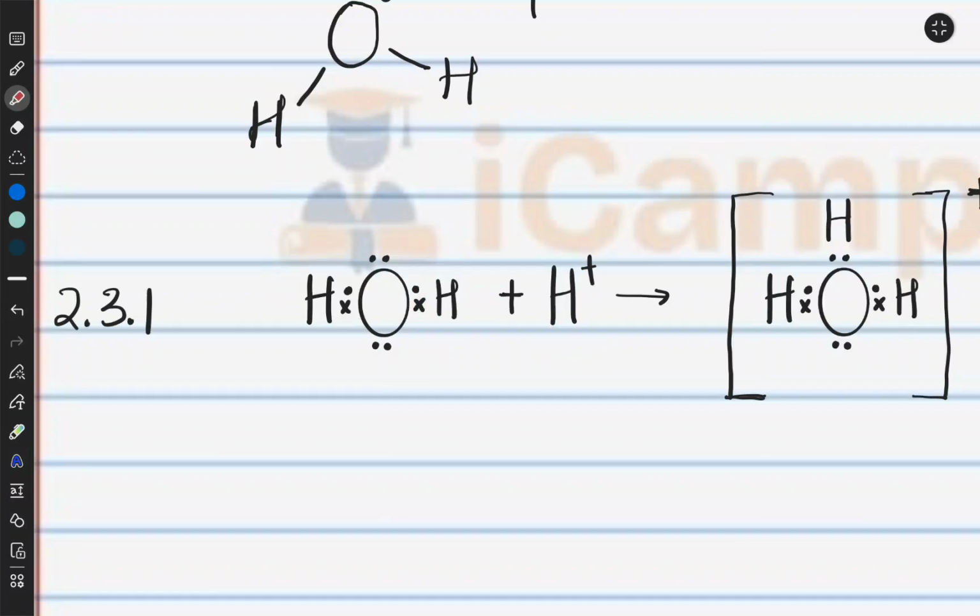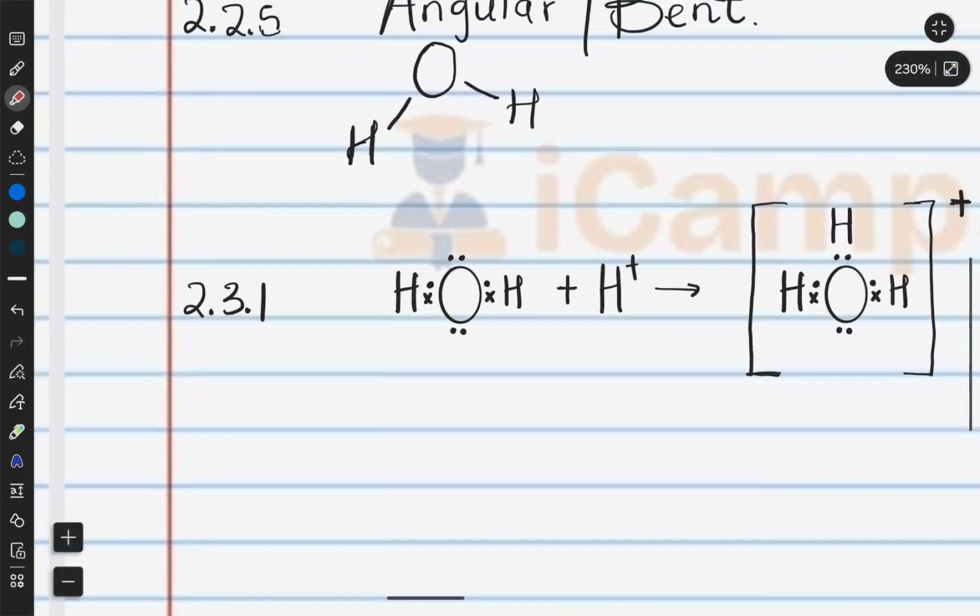So number 2, the receiving atom. The receiving atom or ion must have an empty valence orbital. This is my receiving atom, in this case just an ion. It must have an empty orbital so that it's capable of accepting the new pair.